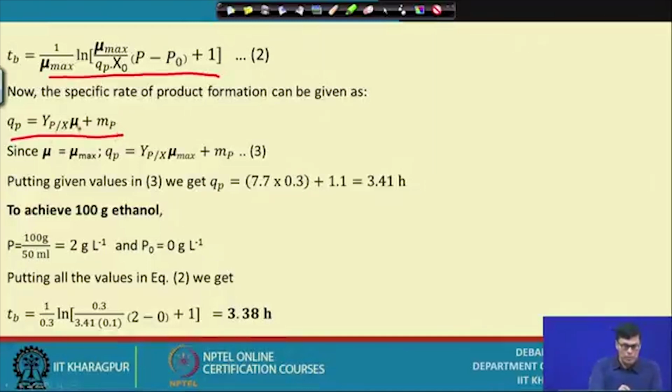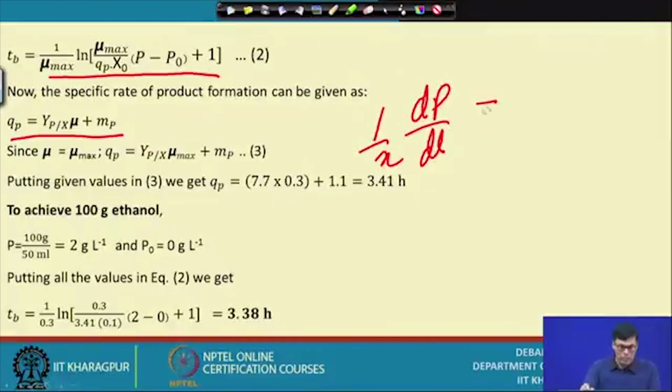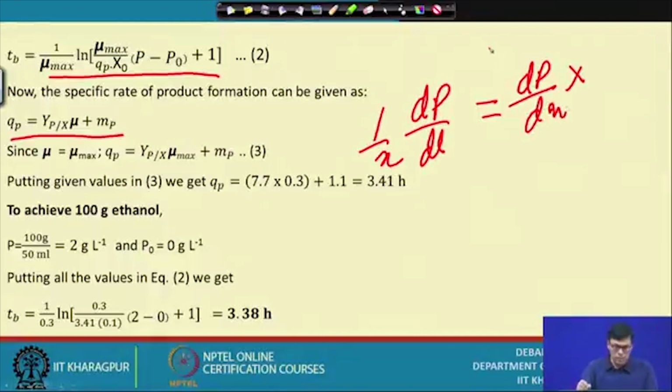x into mu max, because I can show you that dP by dt, this is the specific rate of product formation, equal to Y p by x. Y p by x means dP by dx, am I right? And mu equal to 1 by x dx by dt.